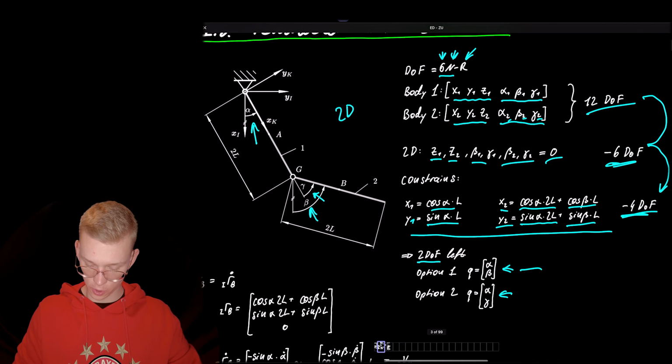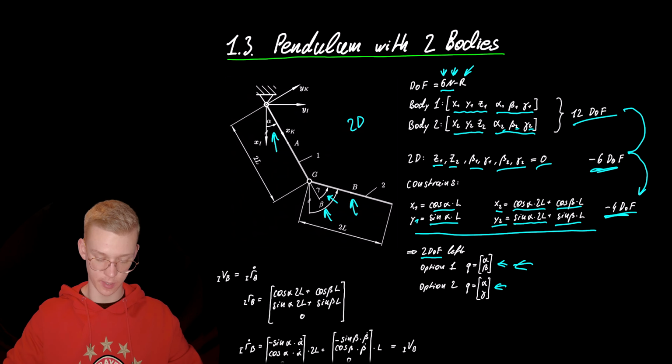And now we want to find the absolute velocity of point B, that's that one, in coordinate frame I. We have coordinate frame I right here.